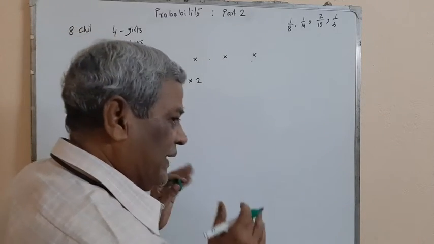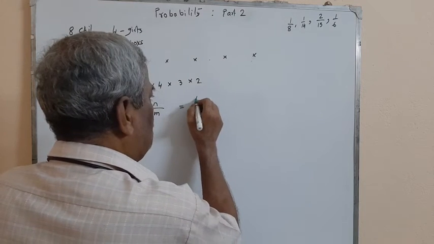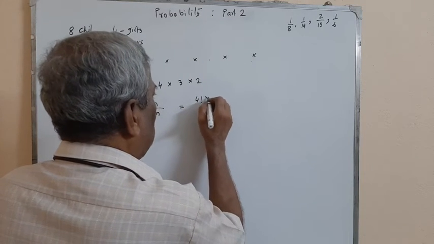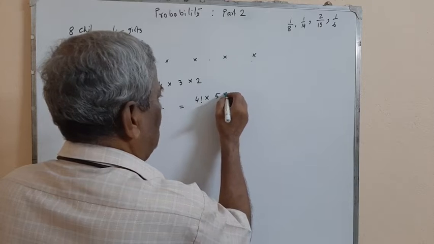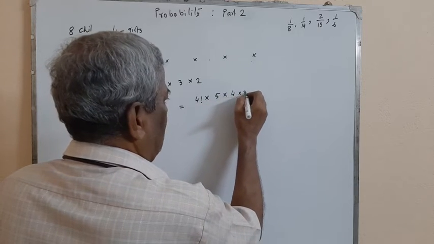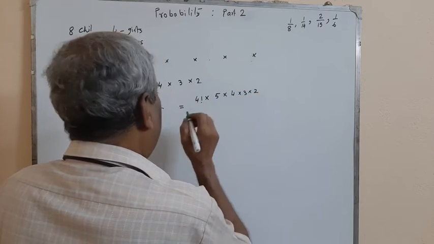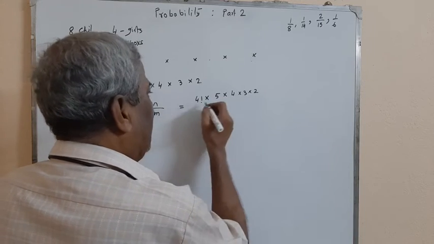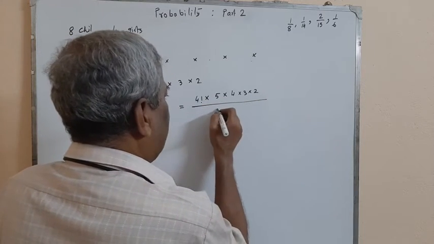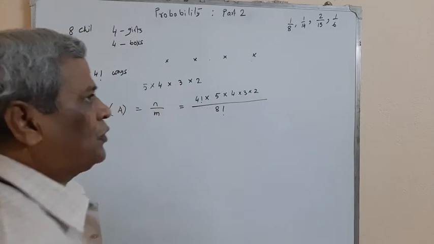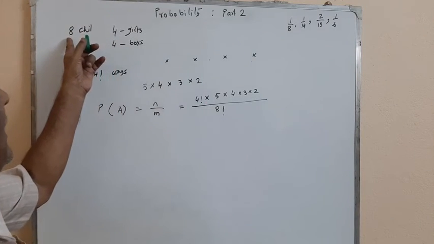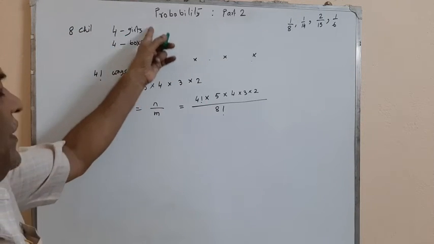Number of favorable cases, which is factorial 4 into 5 into 4 into 3 into 2. And n, all possible ways, which is factorial 8, because there are altogether 8 children.